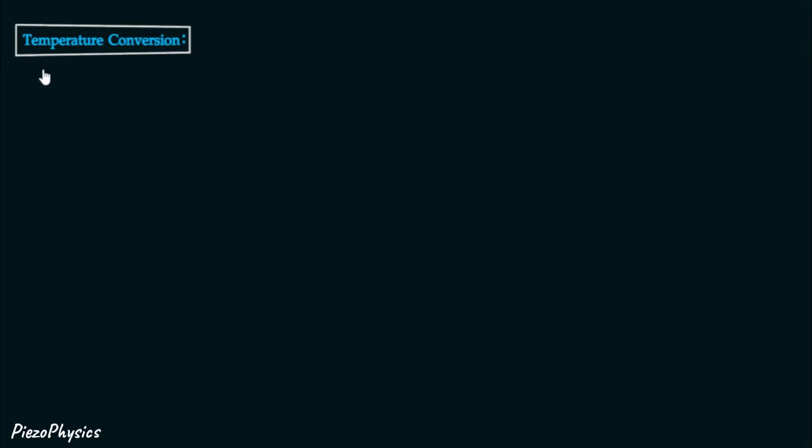Now let us discuss one important topic, that is temperature conversion. We have one general formula to convert any temperature. We take the reading on the scale minus the lower fixed point for that particular temperature scale.